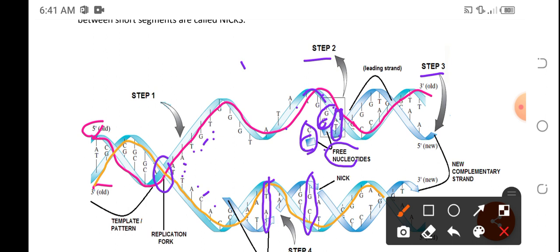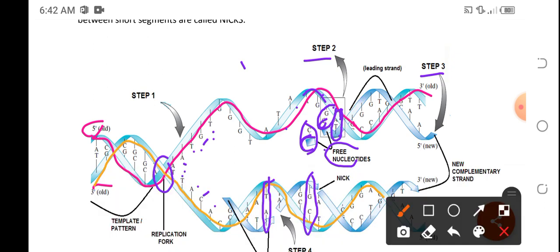So, pagkokonektahin na niya itong mga free nucleotides na newly formed or newly base paired with the template or the DNA pattern.